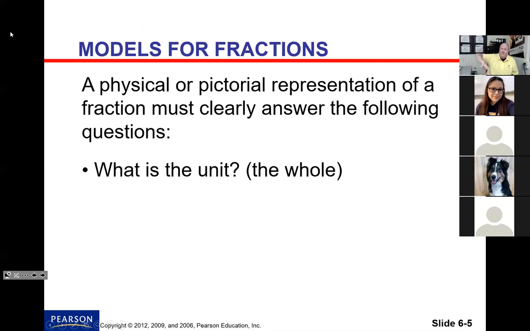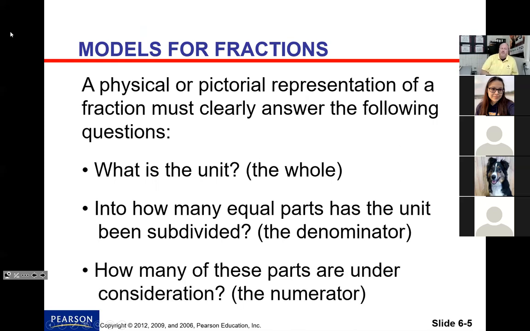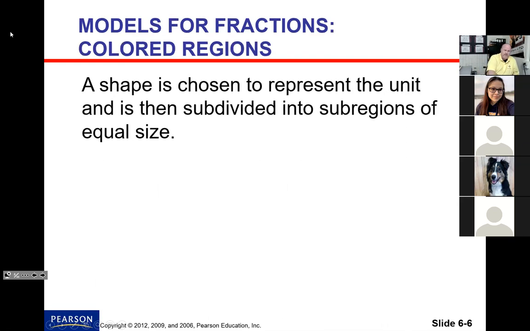What is the whole thing? How many parts are you subdividing it into, which is the denominator? And then how many parts are under consideration, which is the numerator? This will make sense in a sec when I show you a picture. So you have to think of the whole thing, the denominator, what you divide it into, the numerator, and how many are being considered.